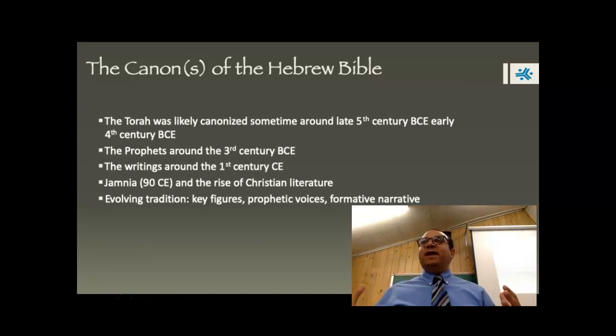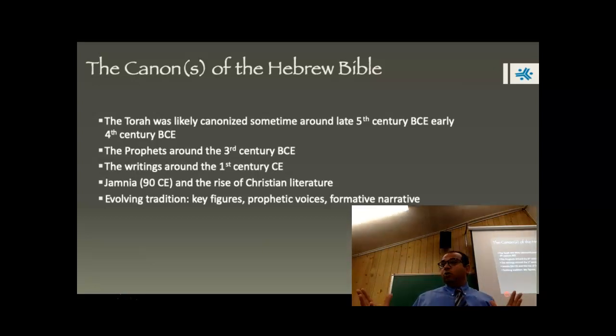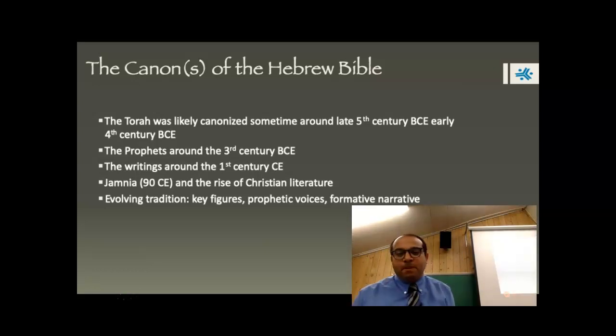What did they use? For the most part, what we can deduce from ancient literature and writings and reflection is that they used key figures. Moses is associated with the Torah, so the Torah takes a significant place in the Jewish canon. Prophetic voices, and the ways the prophets spoke to God's people at times of disorientation and disasters and renewal.